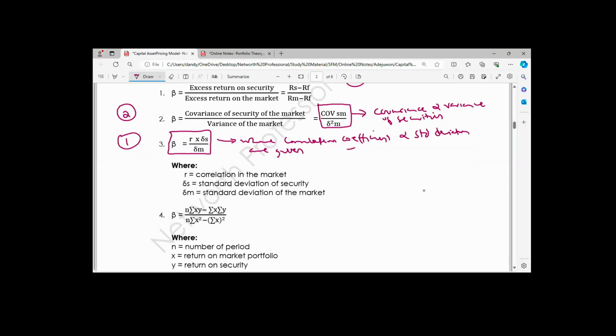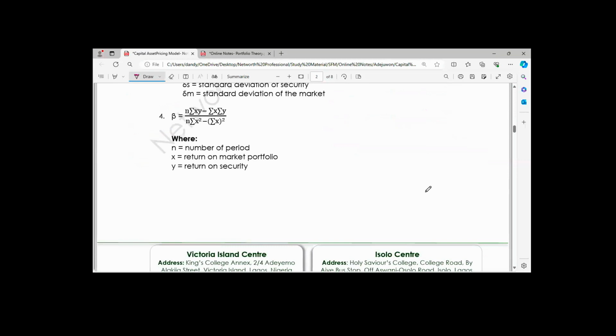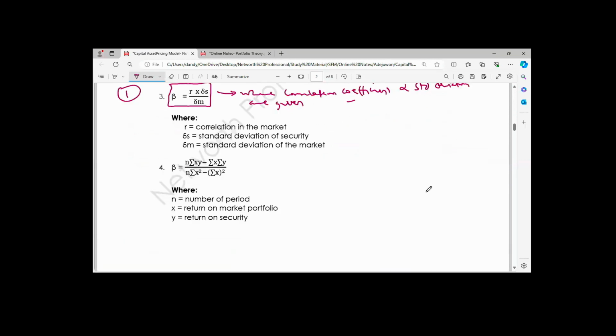The third one is not in this section of the material, but I will give it to you.